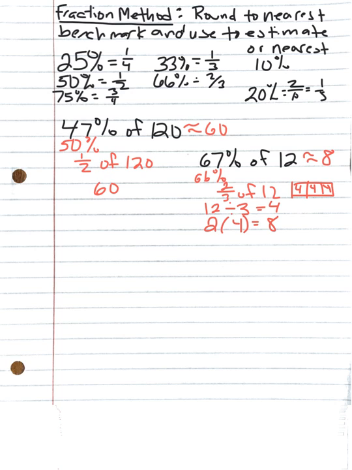I like using it. However, I know a lot of people also like using what's called the 10% method. And a lot of people use this for tipping in particular.